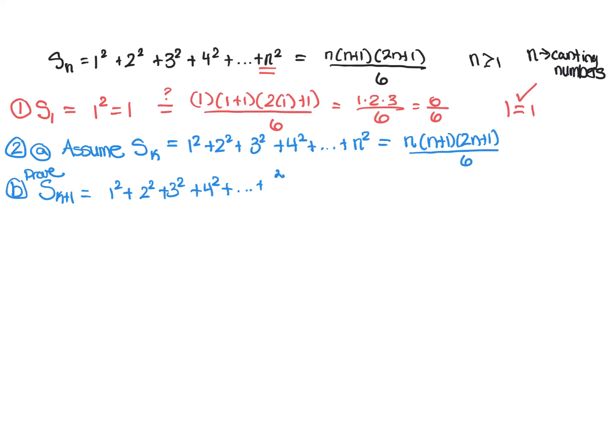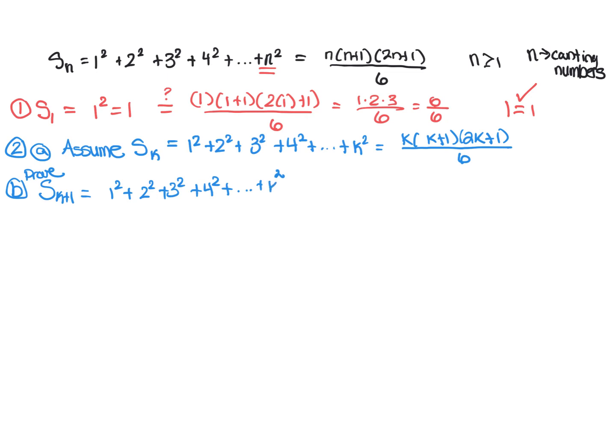Oh, I made a mistake over here, guys. I'm so sorry. Let me fix this. These shouldn't be n's. These should all be k's because I changed all the n's to k's. So plus k squared equals k times k plus 1 times 2k plus 1 all over 6.